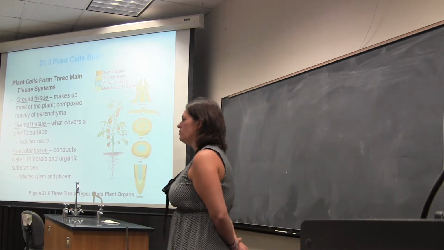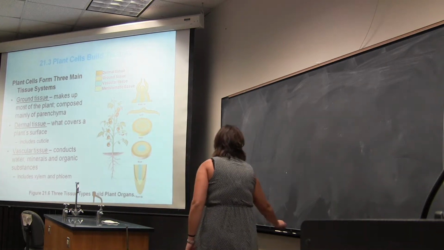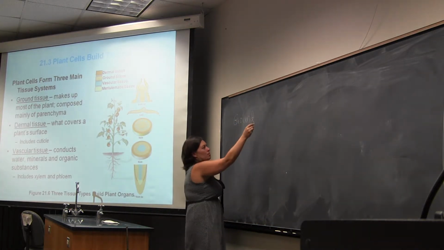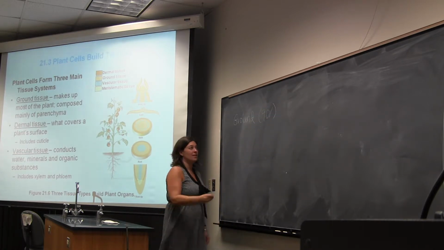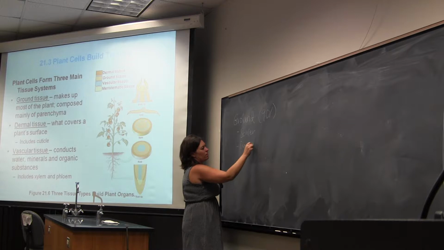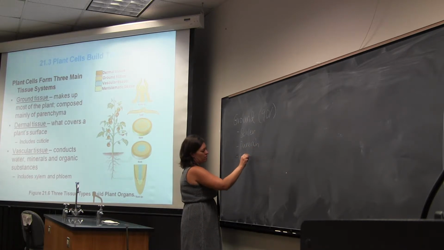So the parenchyma is the cell tissue? So there's three tissues, right? Uh-huh. You've got the ground, which is going to make up 90% of the plant. And of the ground, you have the sclerenchyma, parenchyma, and collenchyma.